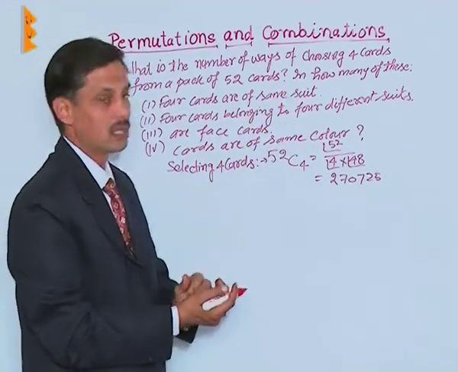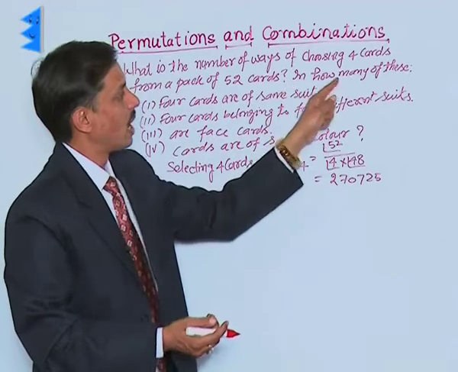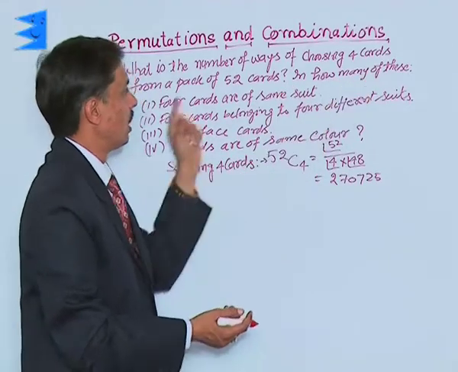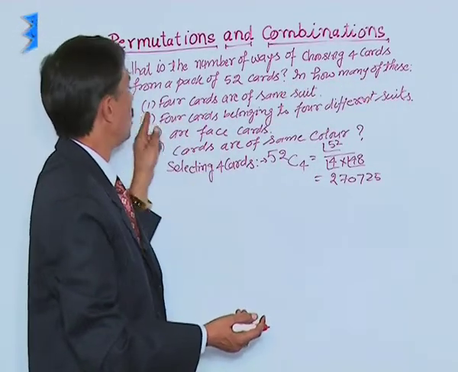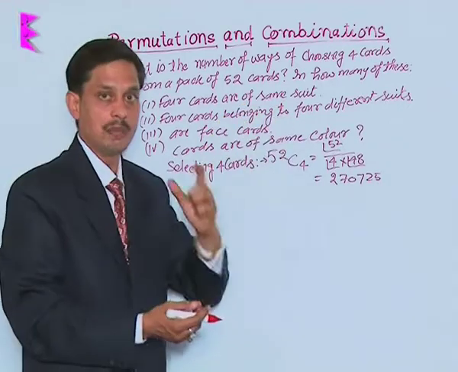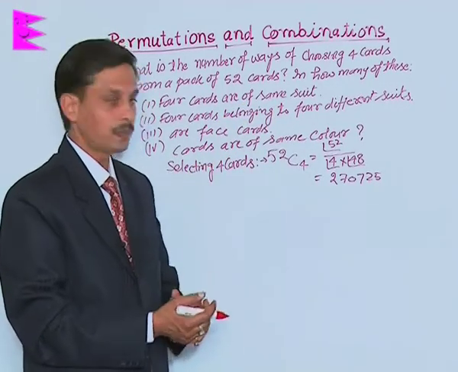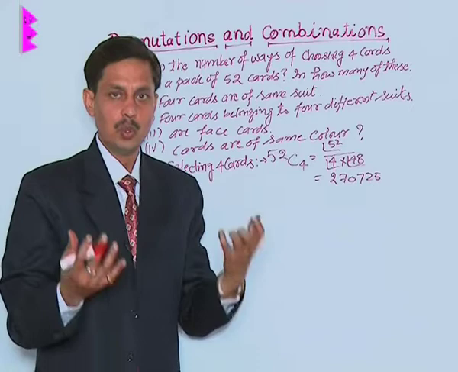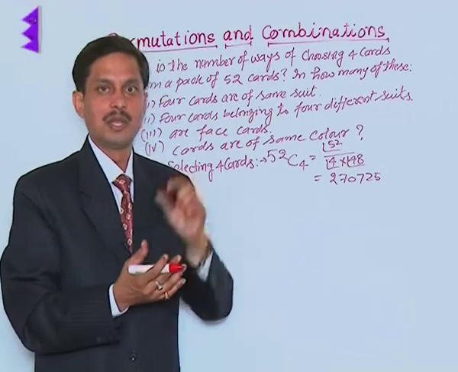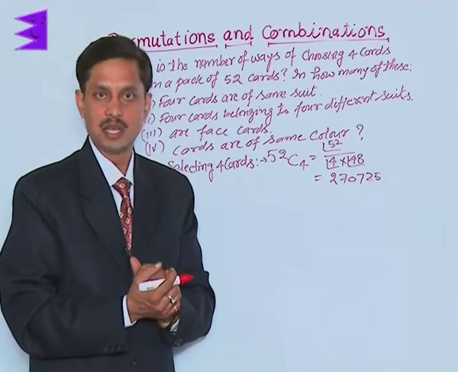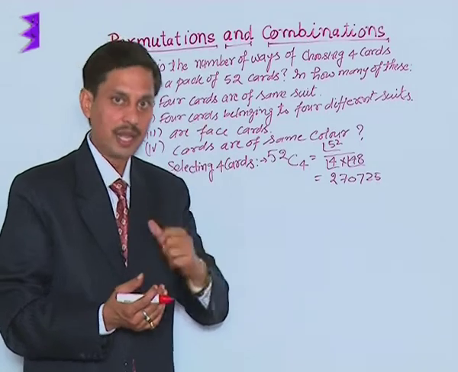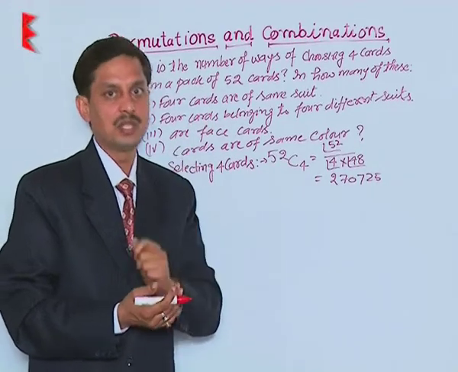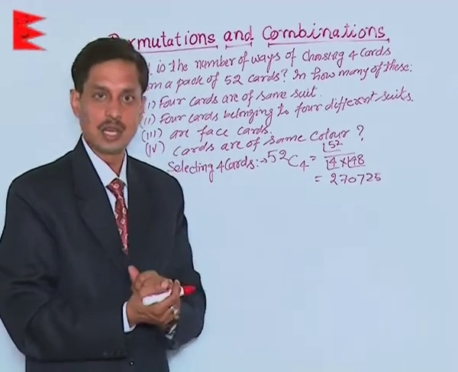Now we are coming to some conditions. In how many ways are these 4 cards of the same suit? As you know well, there are 4 suits: one is the diamond, another is the heart, next is the spade, and the last is the club.